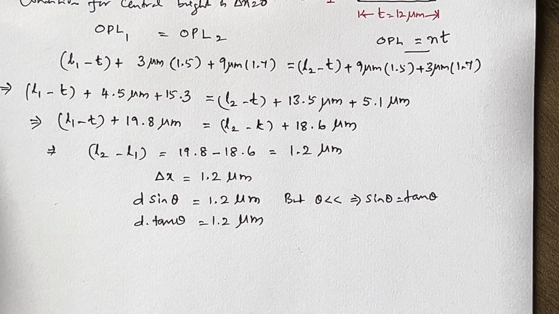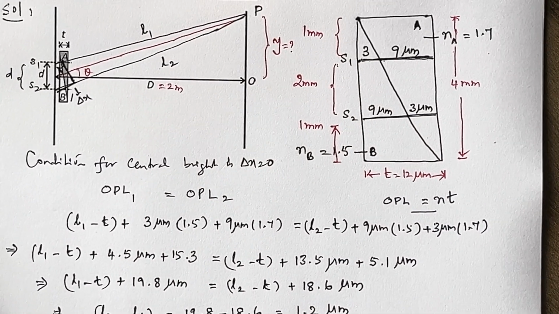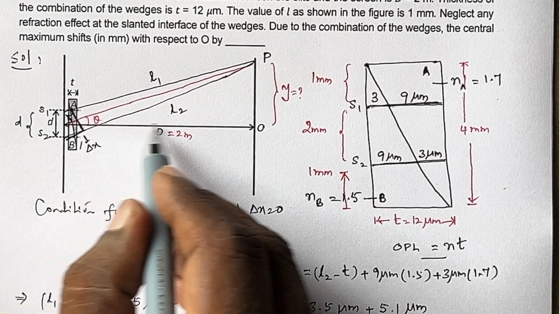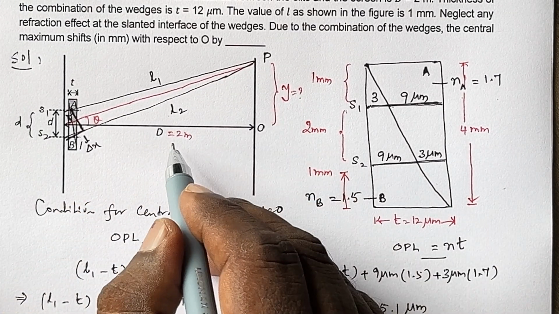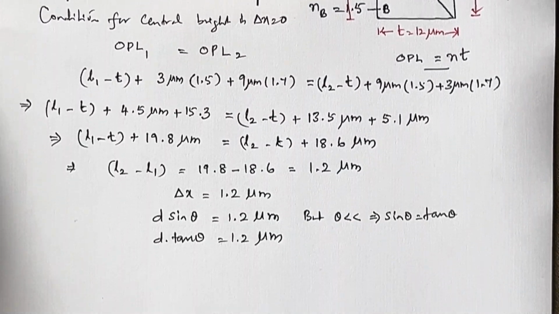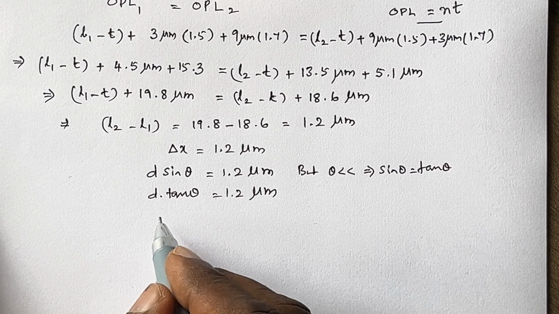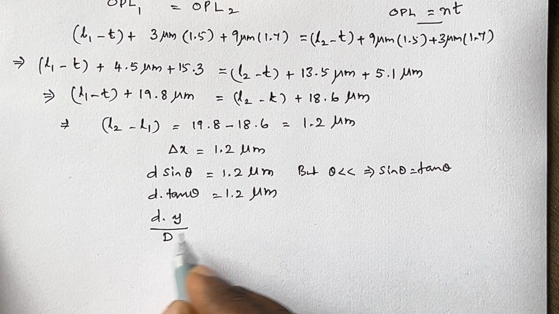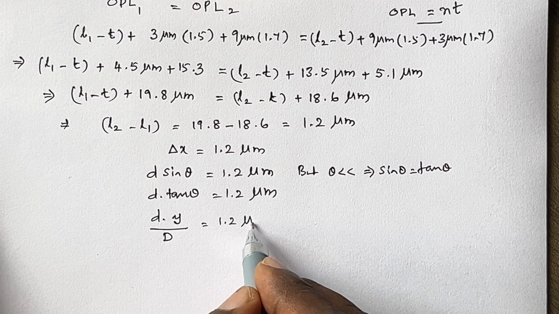So let us calculate the tan theta here. Let us revisit the diagram. This is theta, tan theta, opposite side y by adjacent side D. So I can write the same thing here. D into y by capital D is equal to 1.2 micrometer.